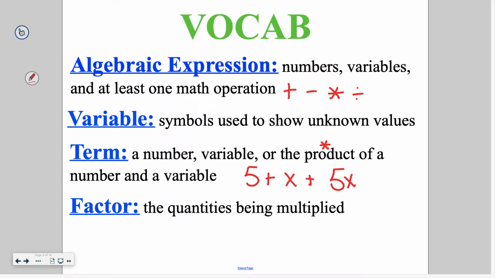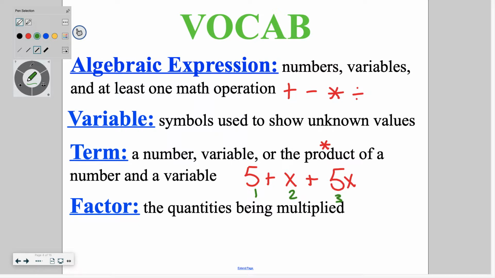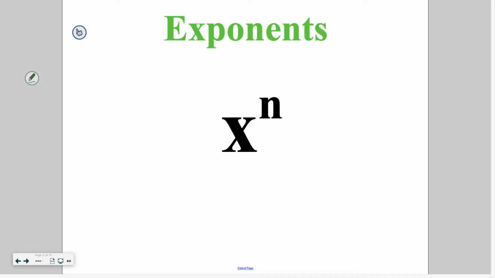If those were all being added, I would say that I have 3 separate terms being added. The first term, the second term, and the third term. A factor are quantities that are being multiplied. So another way to say this product here, 5 times x, those are the factors of 5 multiplied by x.